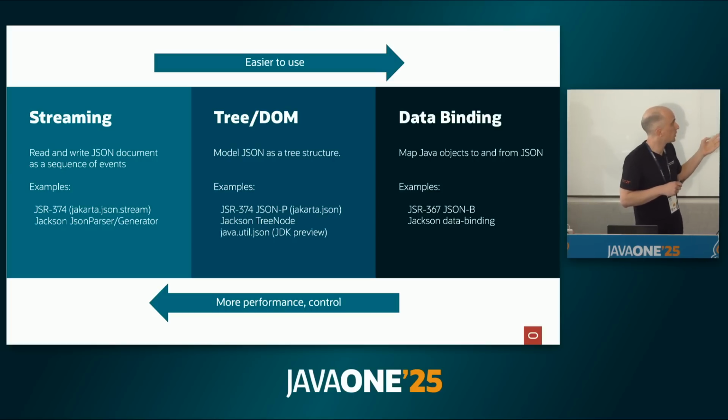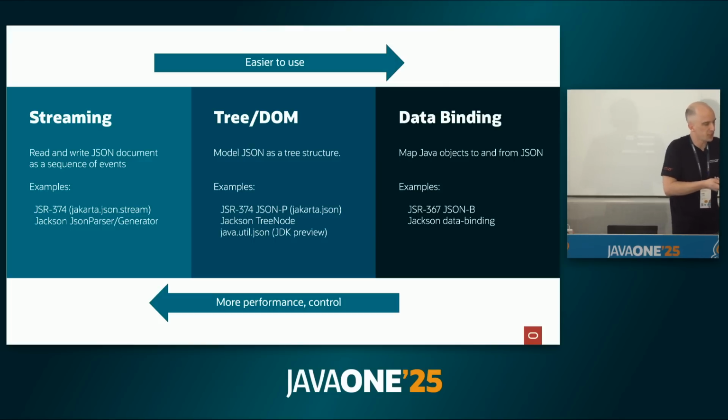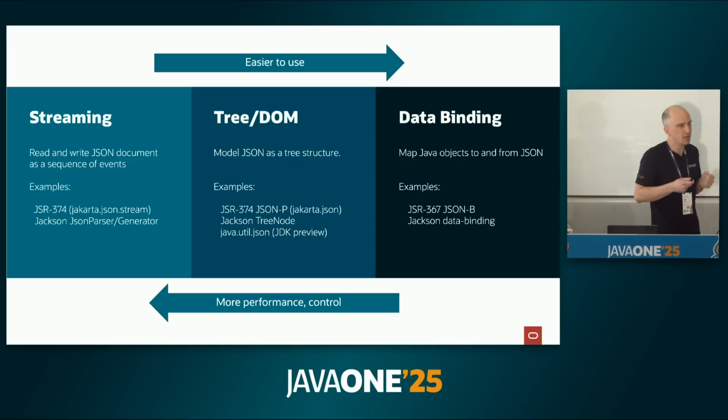So the first category, streaming, is where you're accessing the data in that JSON as a stream of events, in a forward-only motion. Most popular JSON parsers like Jackson or JSONP, javax.json, jakarta.json, support some form of a streaming parser and generator.